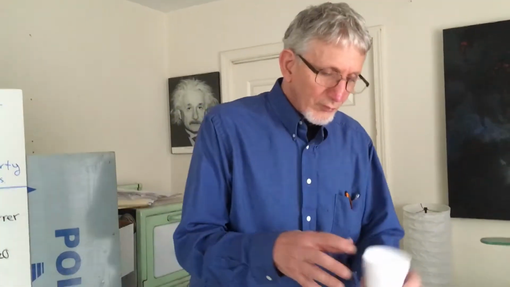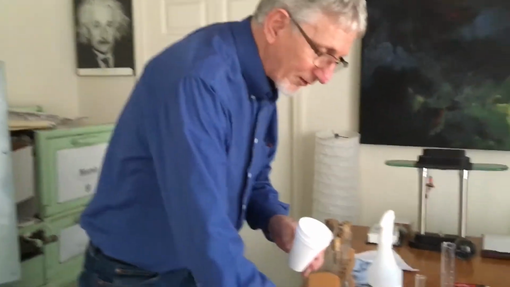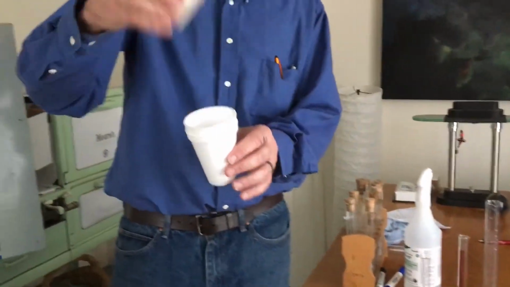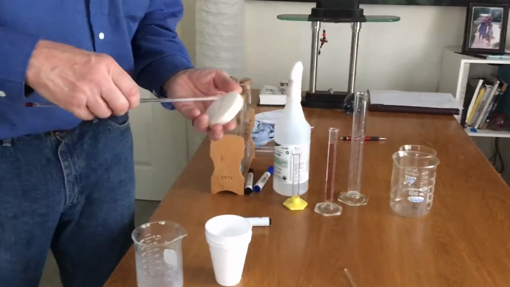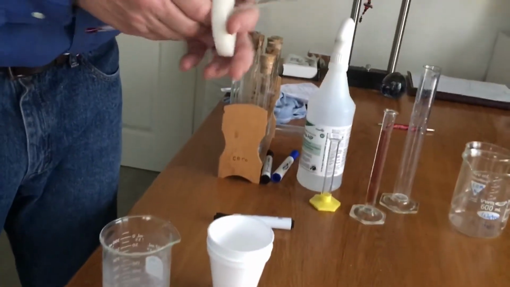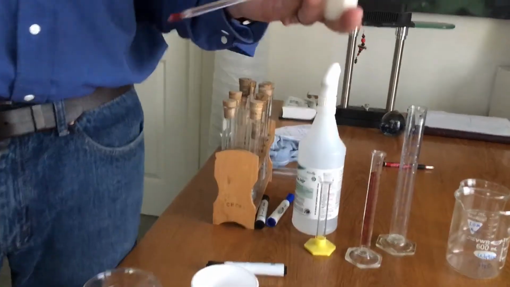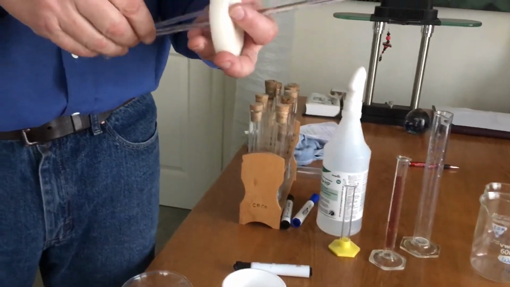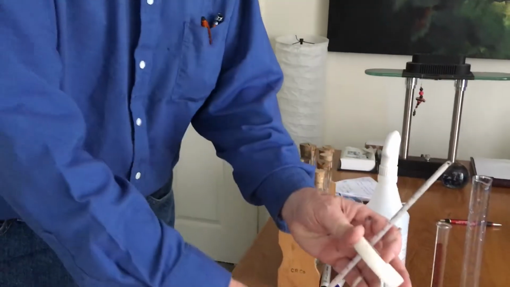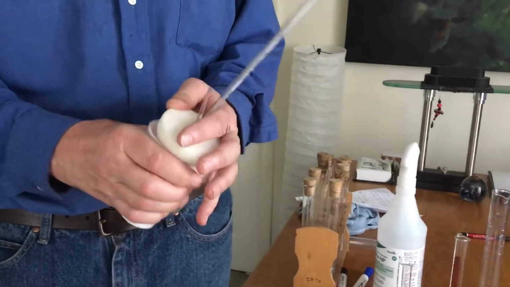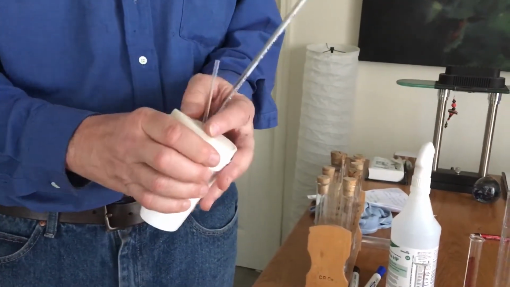It's going to be composed of 2 styrofoam cups, one nested inside of another, a styrofoam lid, a thermometer that threads through the lid, and a glass stirring rod, which threads through the lid as well. And the lid fits on here, and that is our calorimeter.